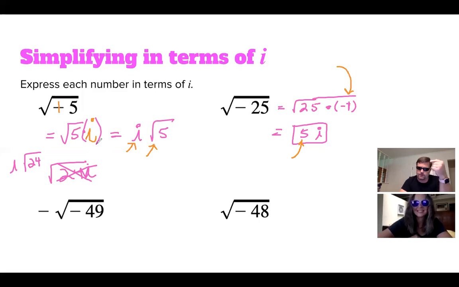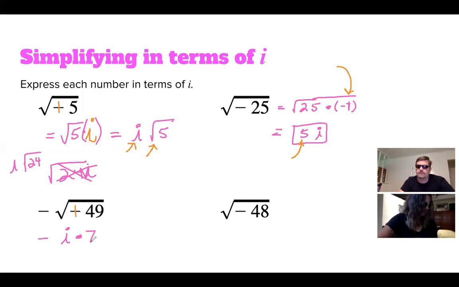So using what Miss Young did below, we know we're going to have an i because we have a negative under the square root. But what about a negative out front? That's okay. That's just going to be a negative number. That's like a -1. So I'm going to have a negative. I'm going to have an i. As soon as he writes i, that turns this 49 into a positive, at least mentally. And then I can look at this 49. Can I take the square root of 49? Yes, I can. And that is 7.